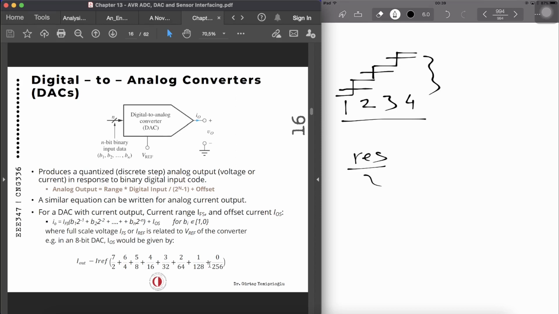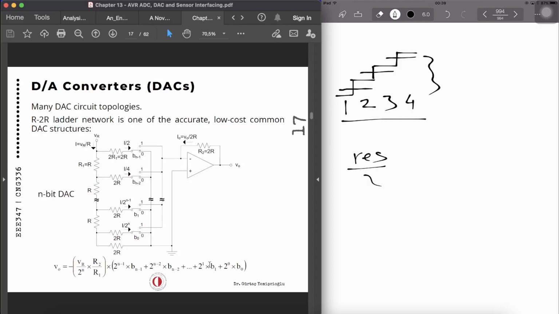Now, another important thing in digital to analog converters is the R2R ladder. Now, what is this circuitry? Maybe you might say that it's not related to our topic, but it's something important. It's the component inside of the digital to analog converters that actually makes this happen. Now, in the literature or on the market, you can find different types of digital to analog converters.